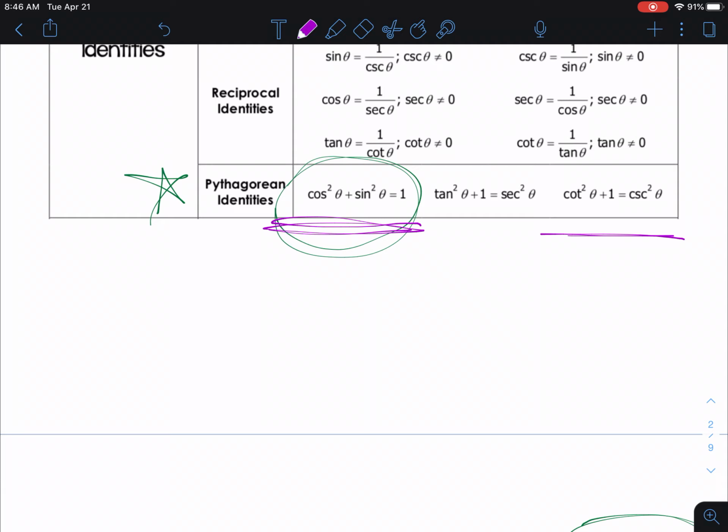So again, cotangent and cosine. You might have to look at how these are related, maybe with the reciprocal ones. So the reciprocal of cotangent is tangent, and the reciprocal of cosine is secant.